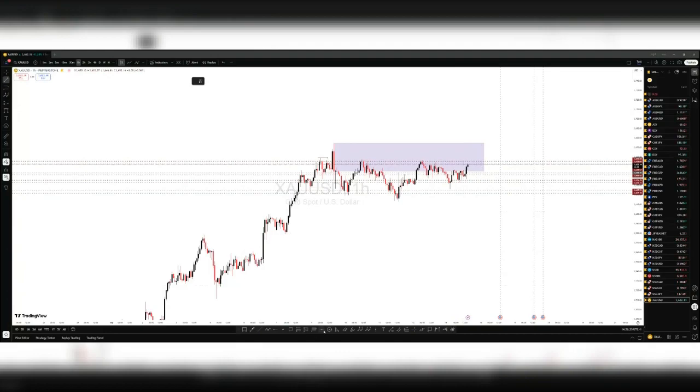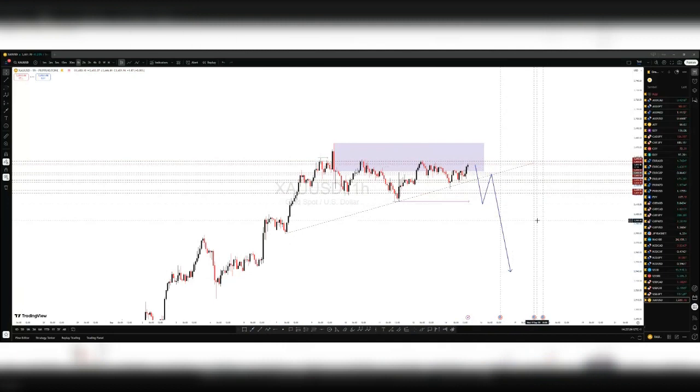But if you want to be safer, you can just watch out for this, which is the break and retest of that trend line.